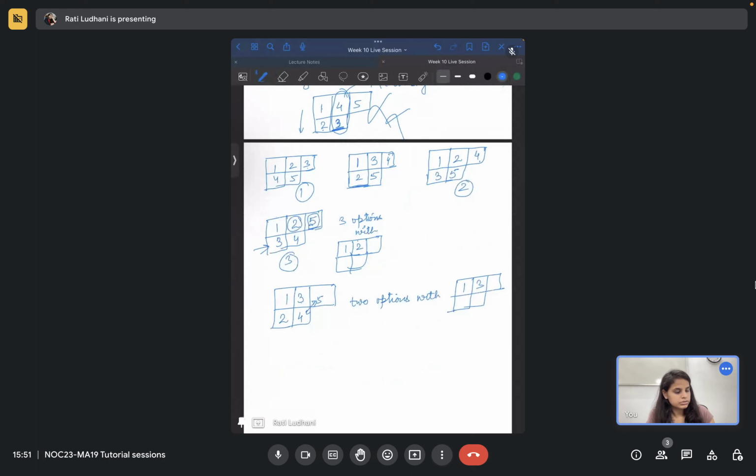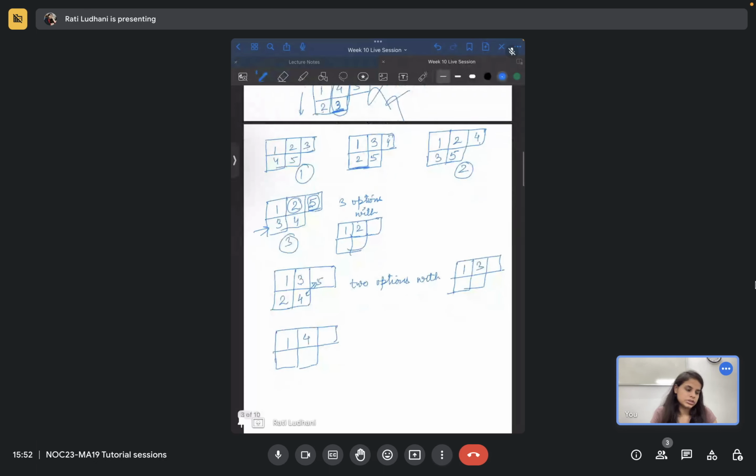So now if you have, for example, you're considering all the options. Now you replace 3 by 4. Then can you have that? Can you get some tableau with this 1 4 something? No, right?